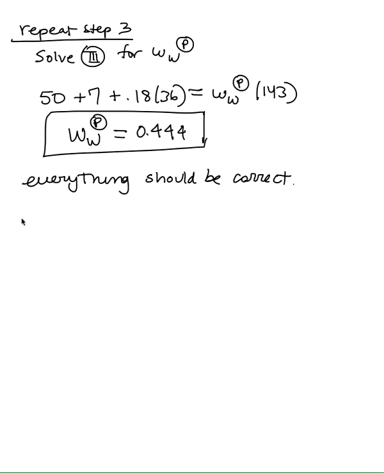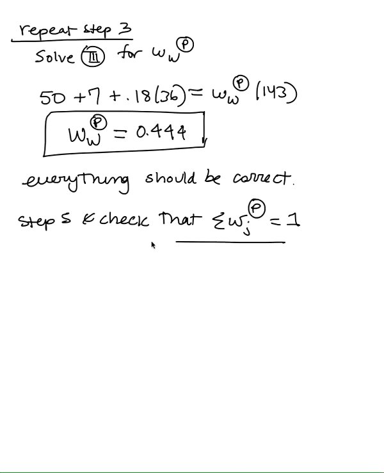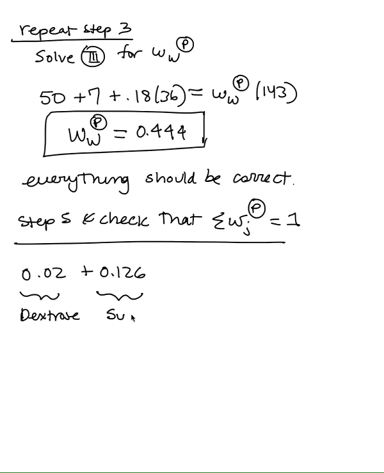So now we can go ahead and go to step 5 and check that the sum of the mass fractions in stream P is equal to 1. Let's do that again. So 0.02, okay, that's the dextrose. We have 0.126, that's the sucrose.